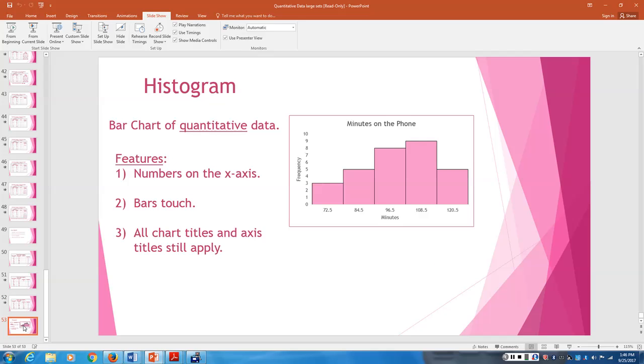And then you could make a histogram. And just to review, a bar chart of quantitative data is a histogram. The difference is that the bars touch in a histogram. They don't touch in a bar chart. The things you want to be sure and have when you make a graph for me is you want to either label the midpoints or the class limits underneath the bars.